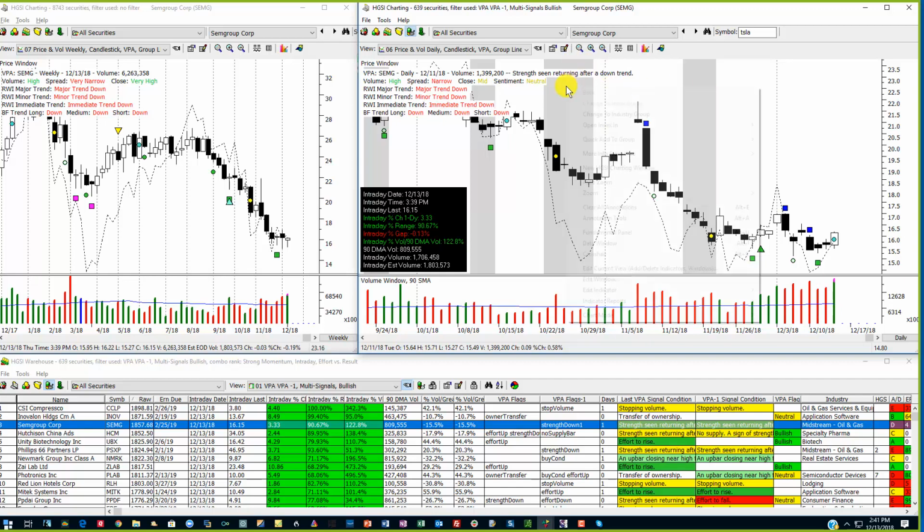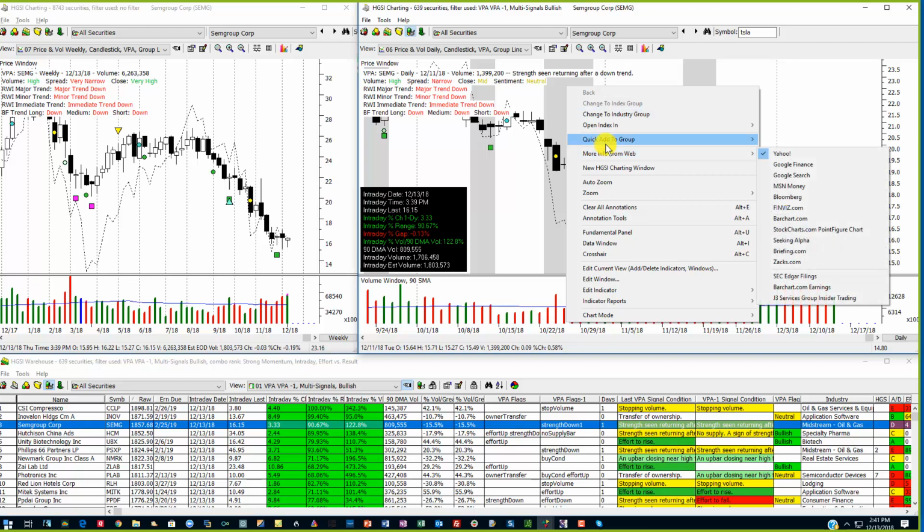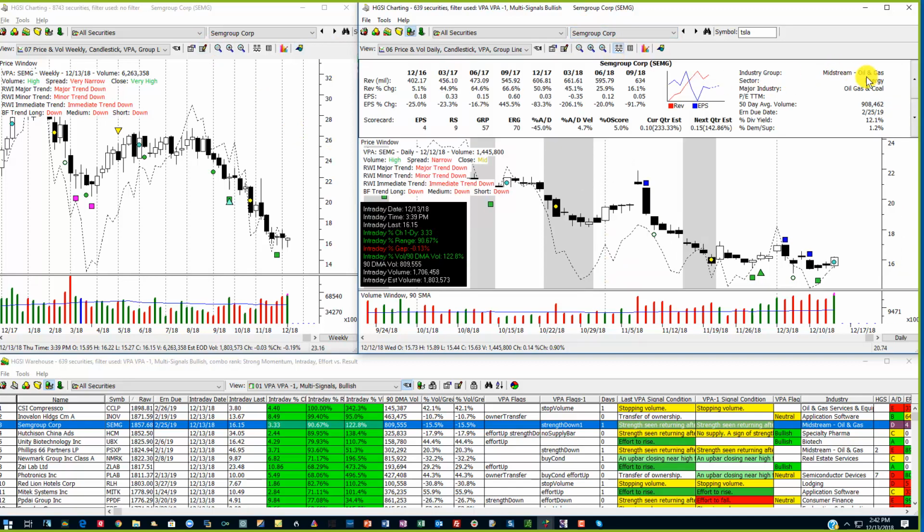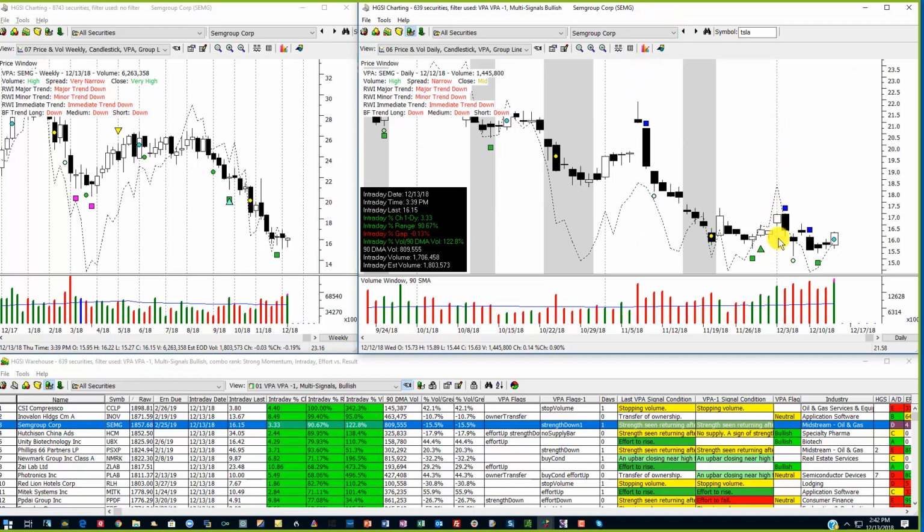So just for fun, I'm going to quick add to group. I'll just use my alternate G key to save time. There's probably no way in the world that I would be buying this stock, but I'm going to see if the accumulation continues. That's a midstream oil and gas. Anyway, I put it in there.